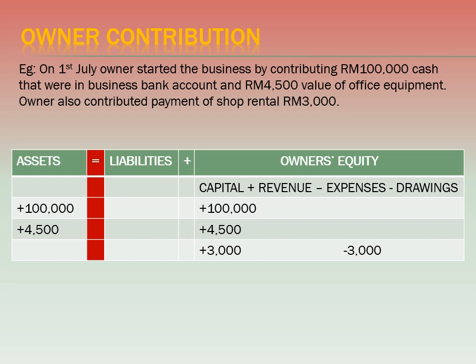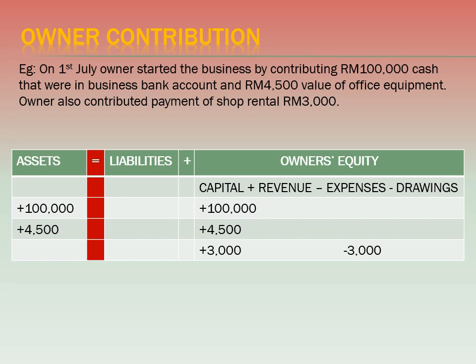So plus 3,000 ringgit under the capital column, and minus 3,000 ringgit under the expenses column, because rental paid is an expense. We do not put it in assets because this rental is not an asset.